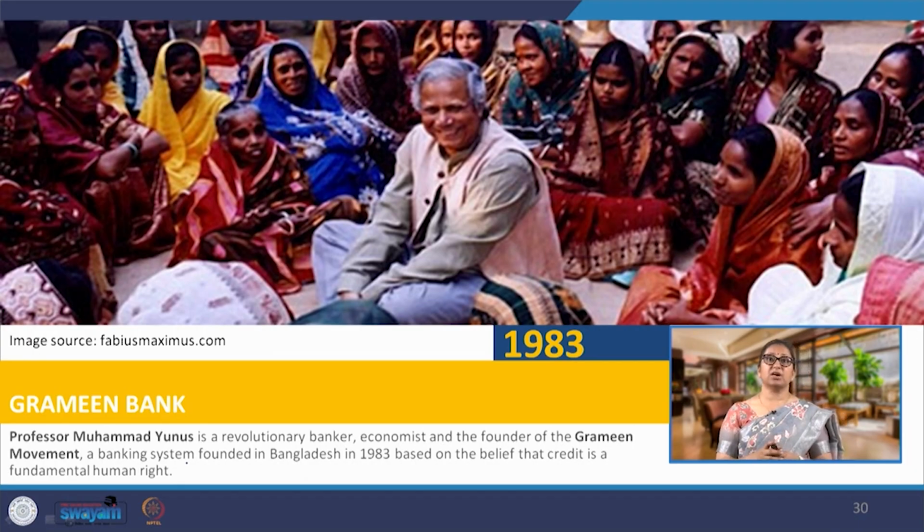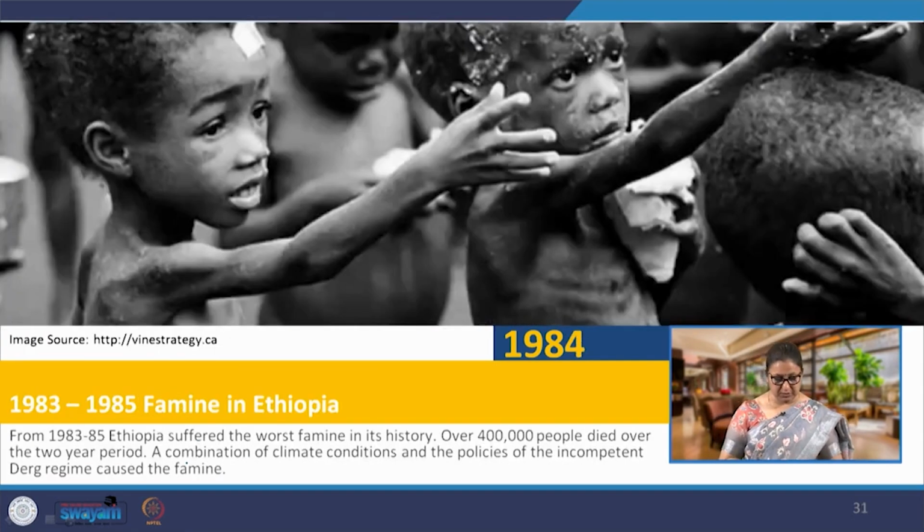So much so that across the world you would find microfinance being made available for people, especially the underprivileged, say women in a lot of communities and other underprivileged people.